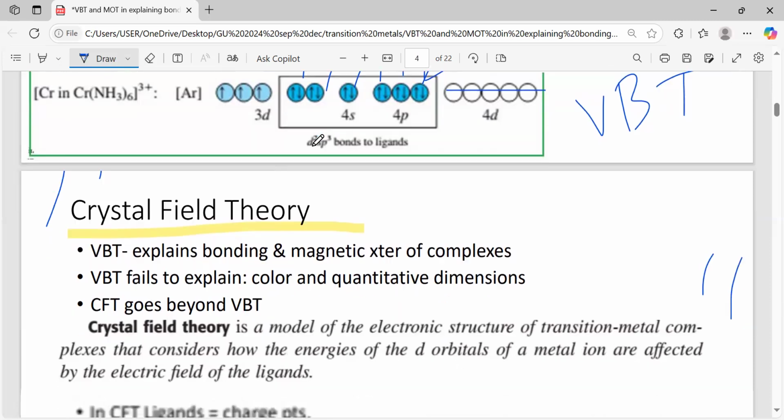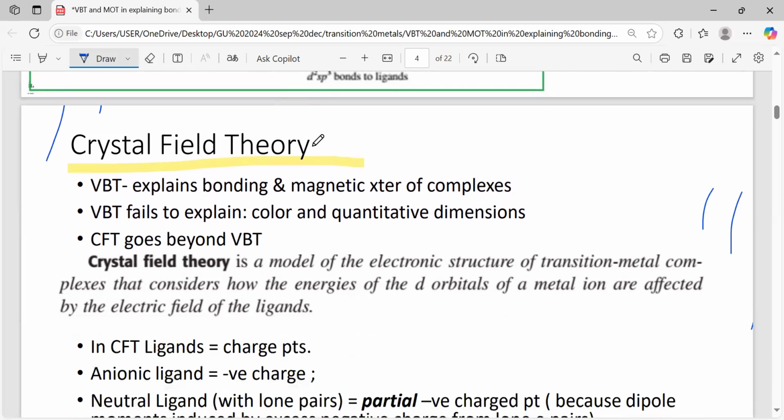So we go to the crystal field theory, which also explains bonding and magnetic character of complexes. VBT succeeds in explaining bonding and magnetic characteristics of complexes.